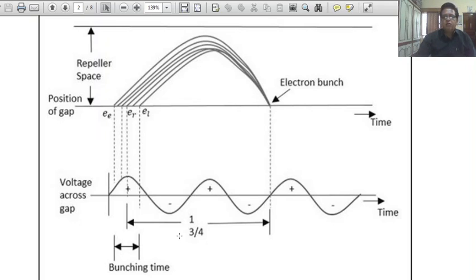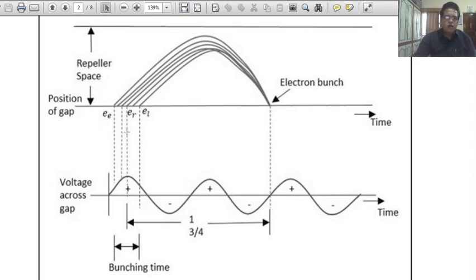We know that the distance between alternate minima or maxima is known as one cycle. From here to here, this is 1 3/4.